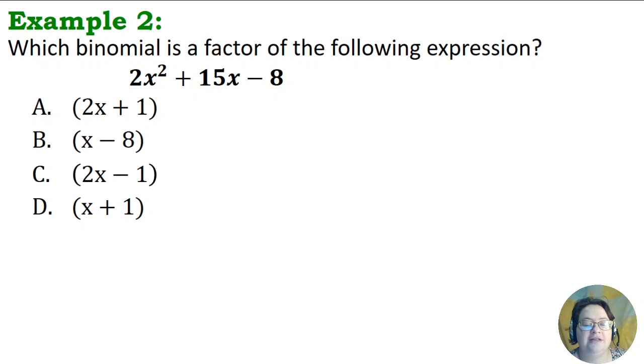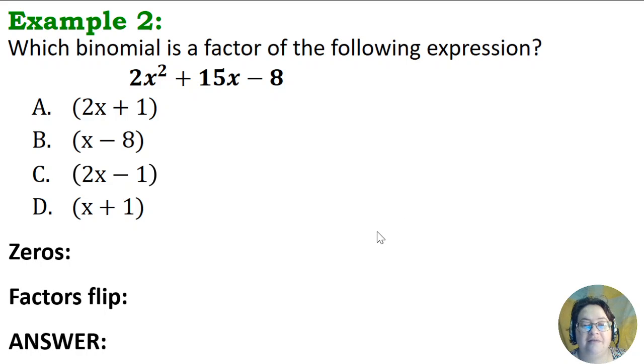Which binomial is a factor of the following expression? 2x squared plus 15x minus 8. So I'm going to start by finding my zeros, and then my factors are going to flip. Any fraction factors, I'm going to have to slip and slide, and then I write out my answer.